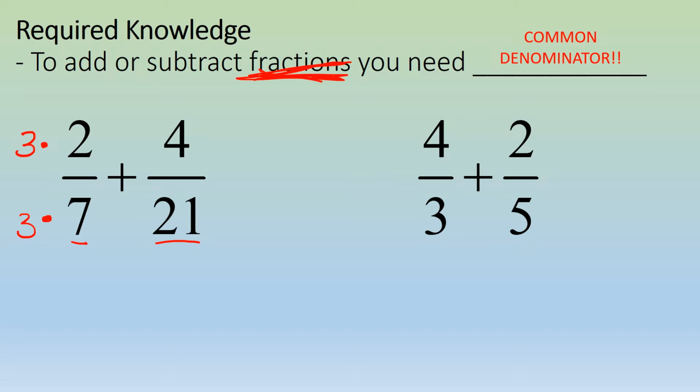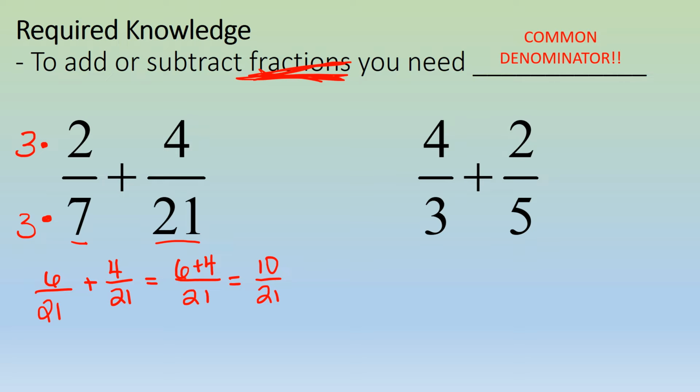So let's multiply. 3 times 2 is 6. 3 times 7 is 21. So that 2 over 7 becomes 6 over 21. And now let's add it to 4 over 21. So that's going to change to 6 plus 4 all over 21. And we know 6 plus 4 is 10 over 21.